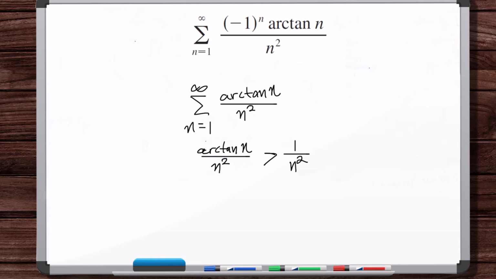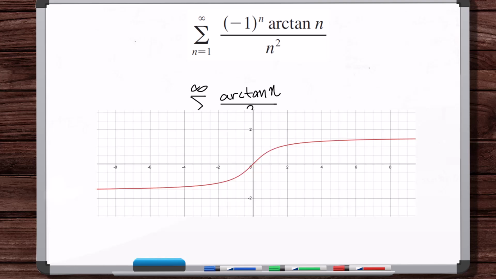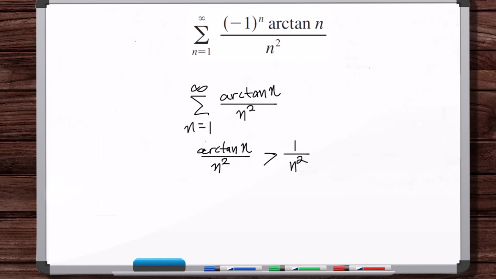And so if we come back here, at n equal to 1 that's not the case, but from n equal to 2 to infinity that's the case, which is fine. Okay, so this is true.